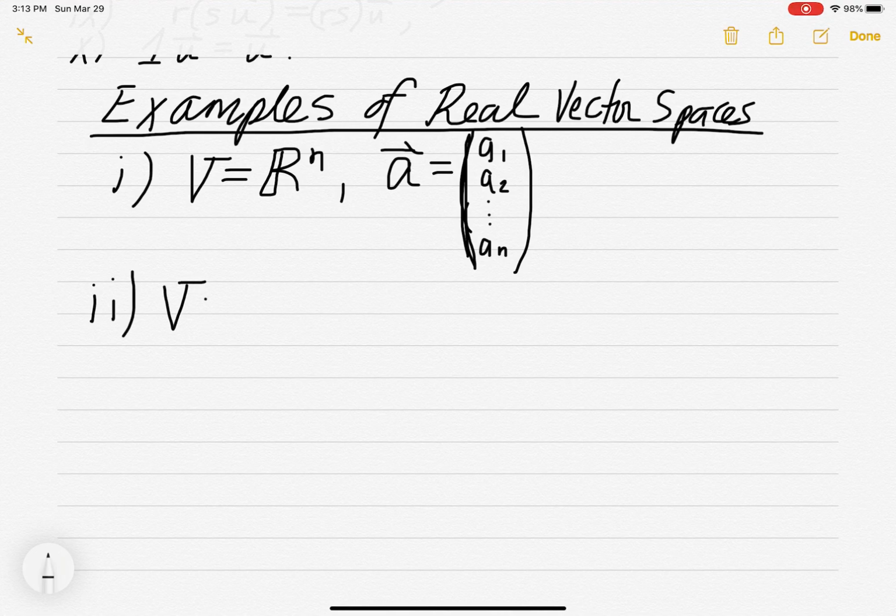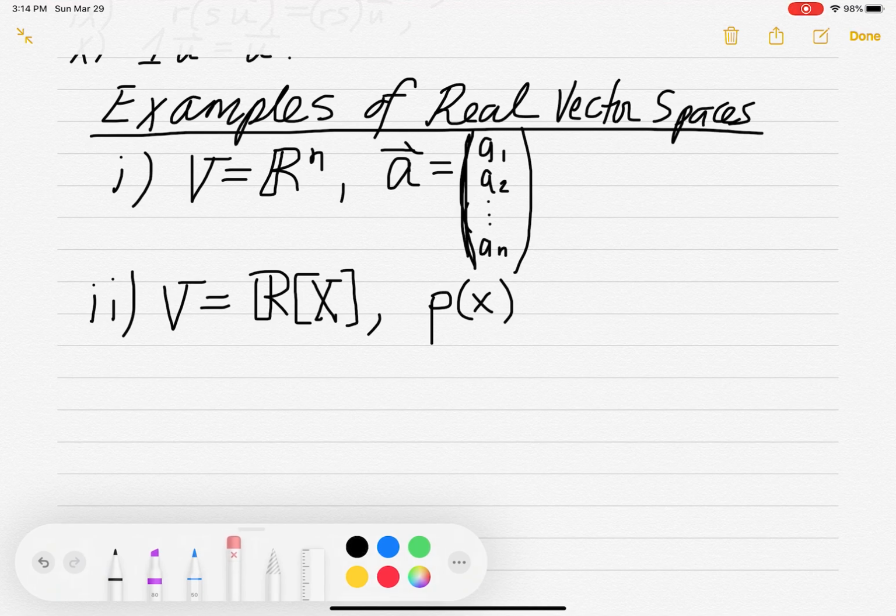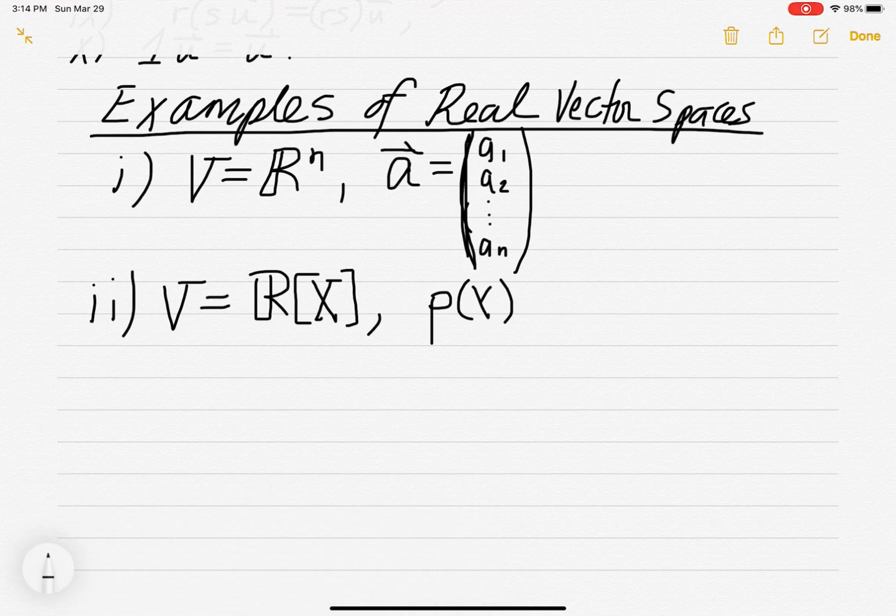V, another vector space, R adjoin X. These are polynomials. So a typical vector we would write as P of X. Now really you're supposed to use a capital X when you're doing polynomials in this way.